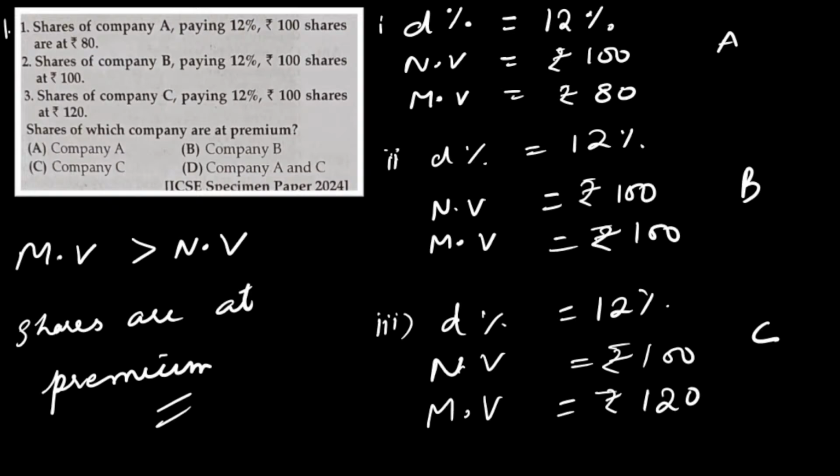So we can clearly see in the third case, option C, market value is 120, which is greater than 100. So company C, which is option C also, is the correct answer.